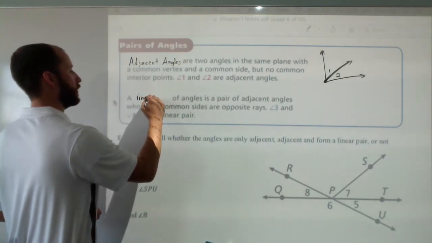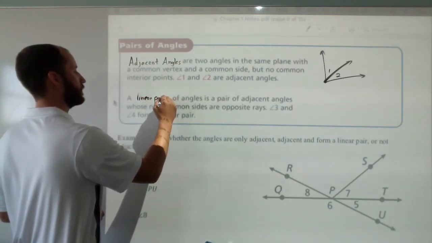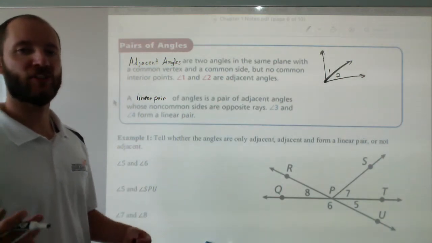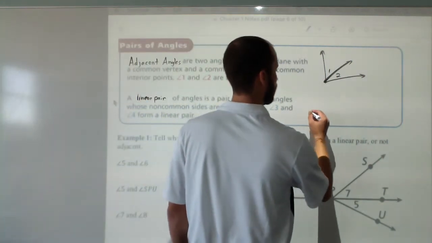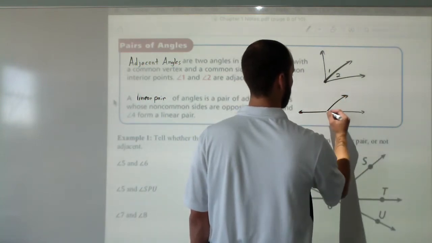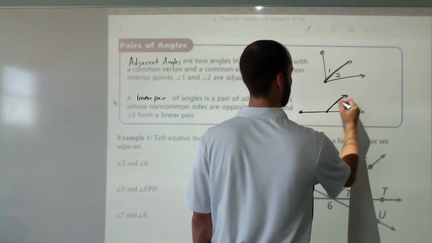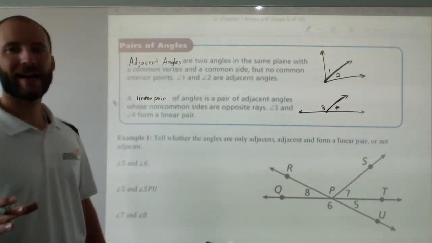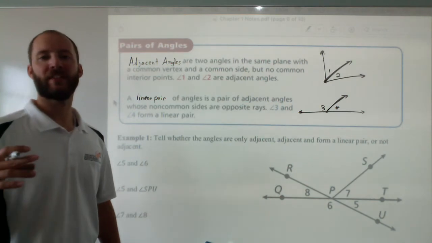And then we have a linear pair. A linear pair is a special type of adjacent pair of angles where they are directly next to each other. They have the common vertex, they have the common side, but then their non-common sides are opposite rays.